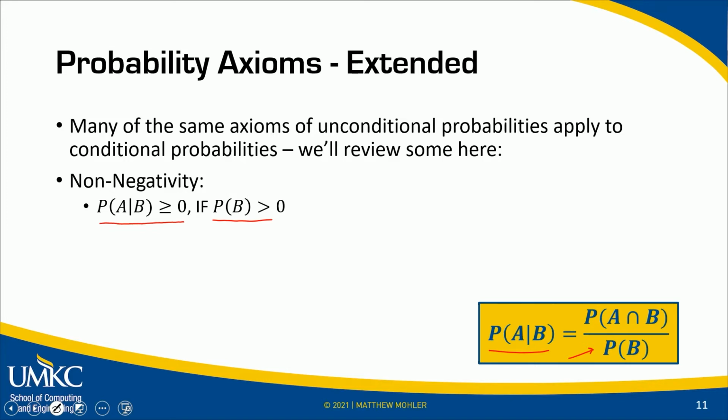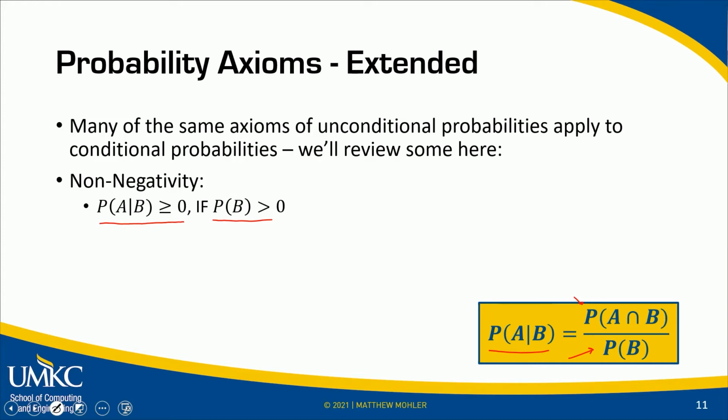So the question really becomes, can the probability of A intersected with B ever be negative? We know that we have a positive number in the denominator. The only way to make this conditional probability negative would be if the numerator is negative. And the answer is no. If we go back to our basic probability axioms, there is no way for the probability of A intersected with B, the probability of two separate events occurring, to be anything less than 0.